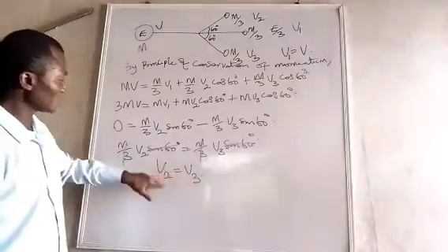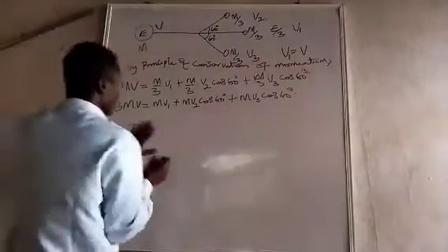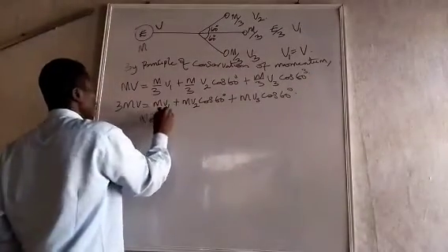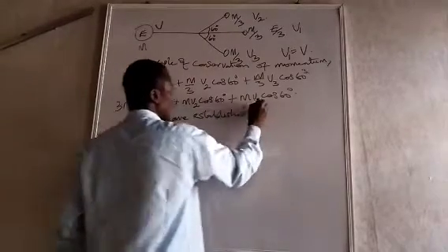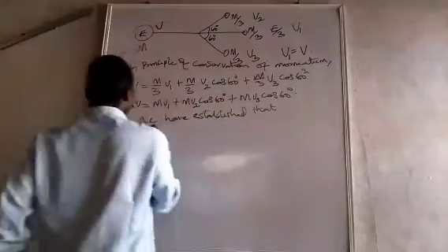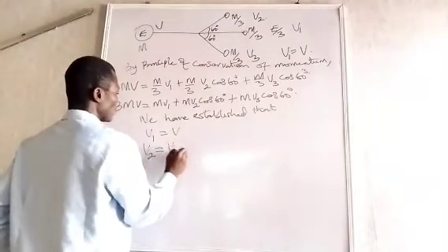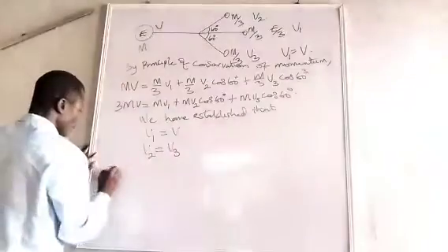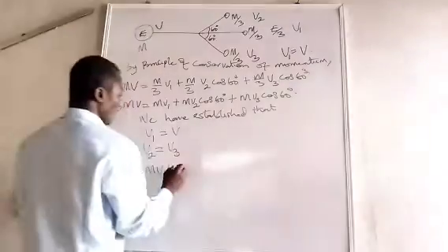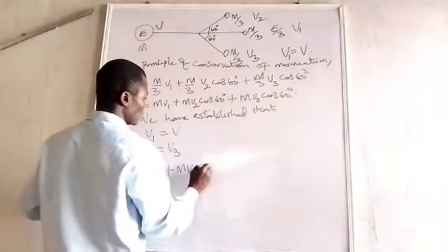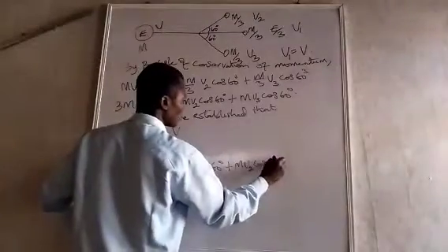Now let us bring this into the momentum equation. We have established that v1 is equal to v and v2 is equal to v3. So 3mv is equal to mv plus m v2 cos 60 degrees plus m v2 cos 60 degrees.